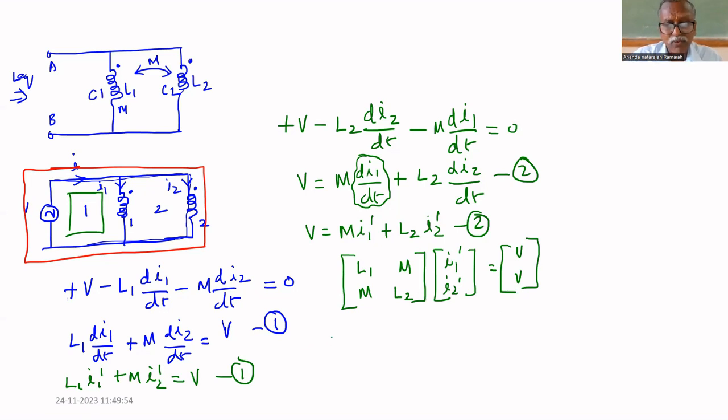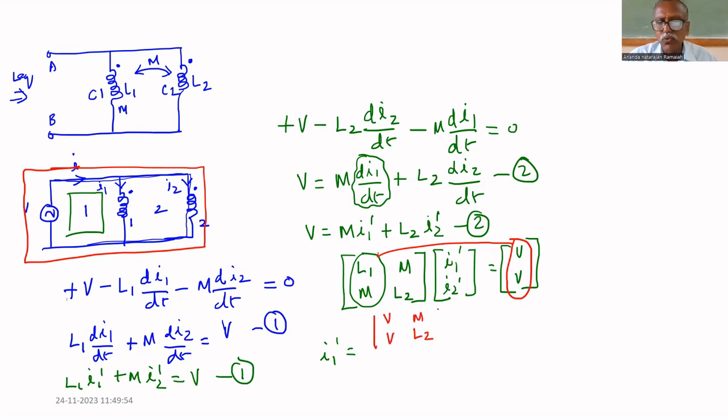Now we can find I1 dash. I1 dash equals, we have to replace the first column by this column. So we replace the first column and find I1 dash: determinant of V M, V L2, upon determinant of L1 M, M L2. Find I1 dash.